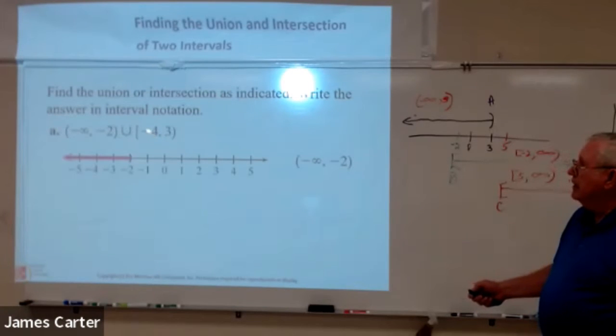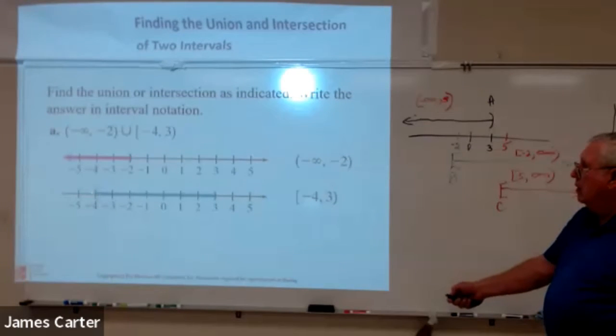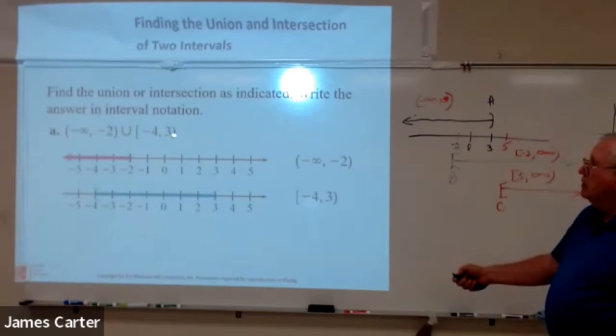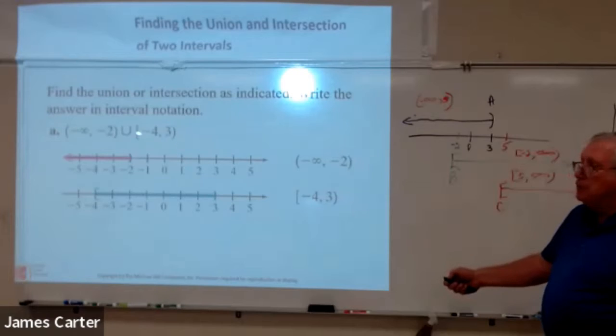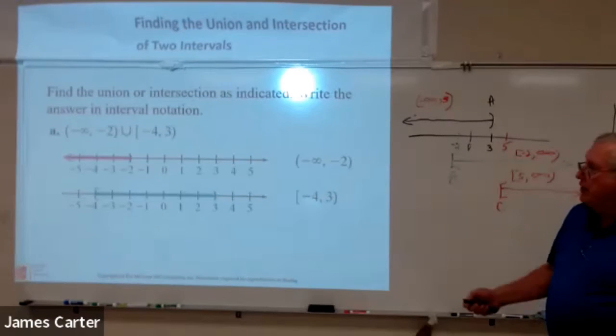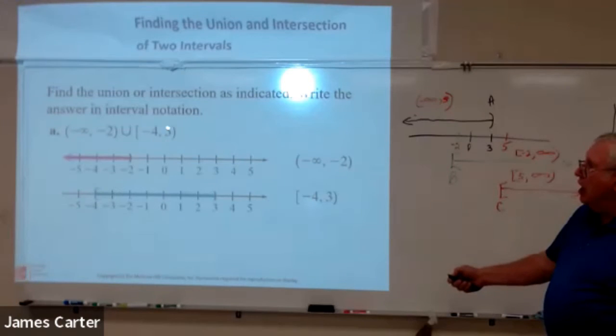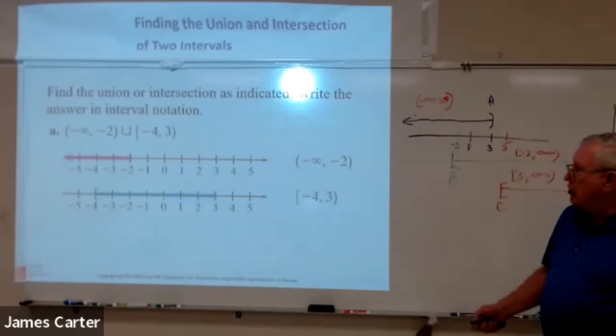Over here, we've got an inclusive -4 right there. And we've got an unincluded 3. So that right there has endpoints. That's not a forever because it doesn't have an infinity there. So we can't use the arrow.